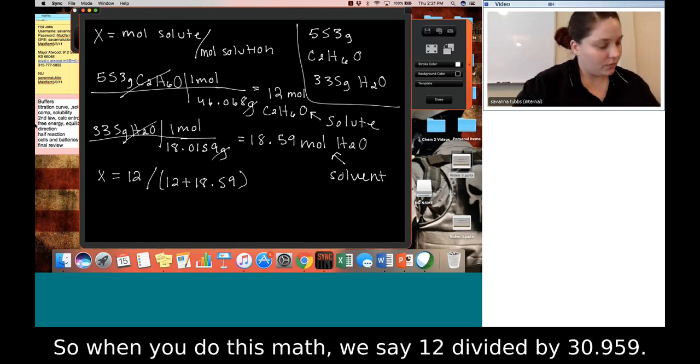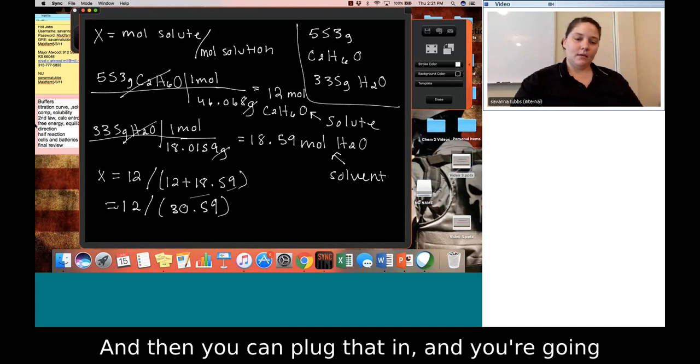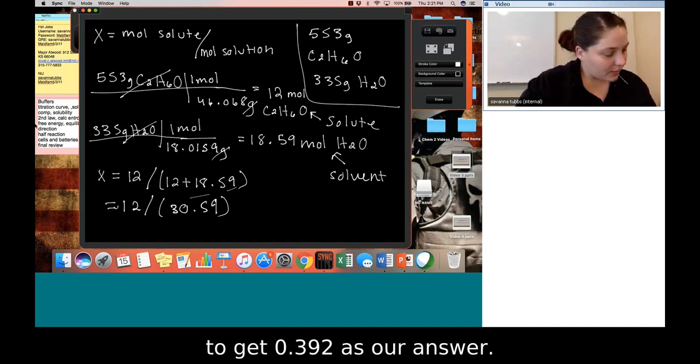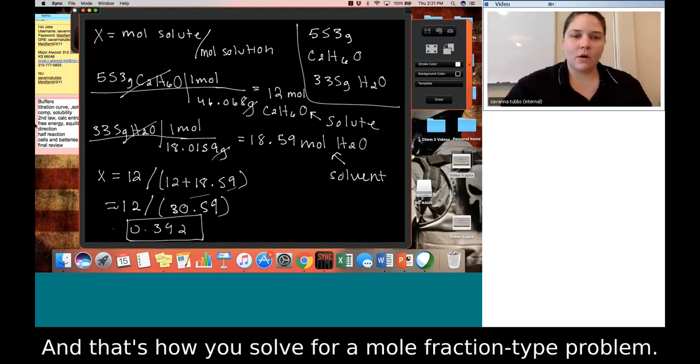When you do this math, we say 12 divided by 30.959, and then you plug that in, and you're going to get 0.392 as our answer. And that's how you solve for a mole fraction type problem.